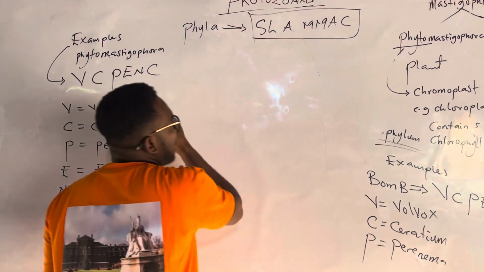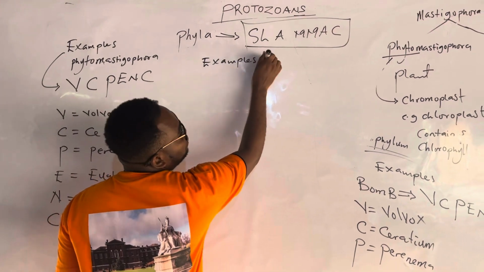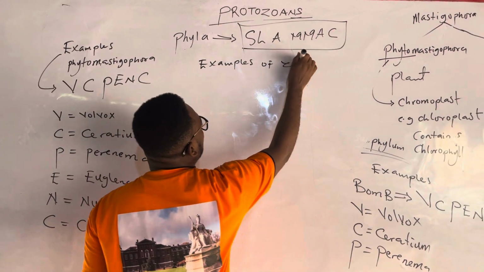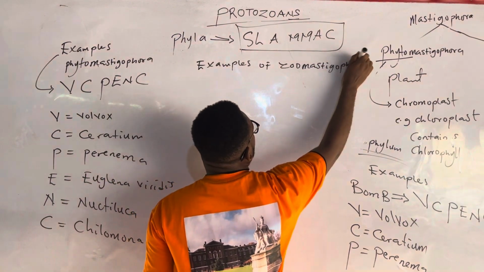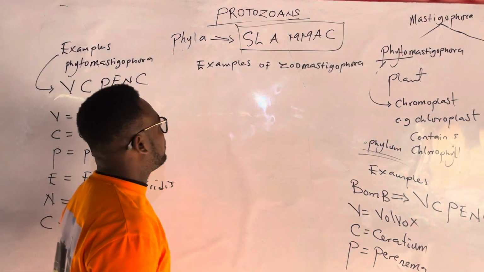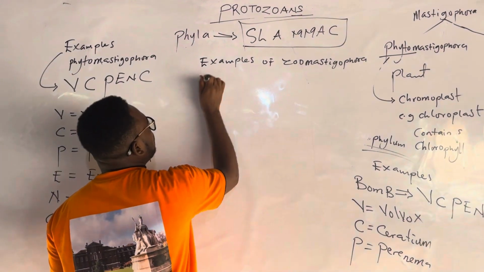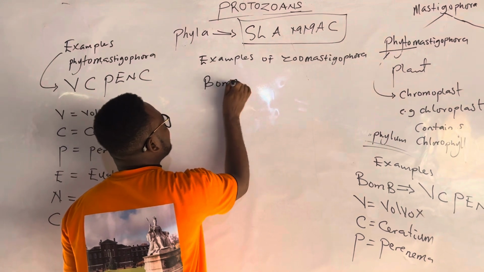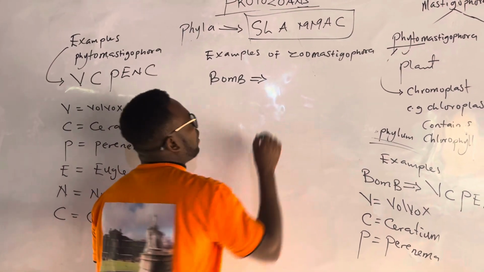Now, the next one, examples of what now? Examples of the Zoomastigophora. We have them as what I title. So use this BOM to remember it. There is also an acronym for you to remember this. And what did I call it?